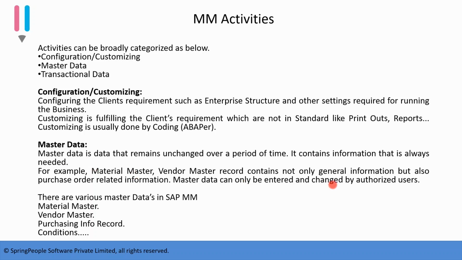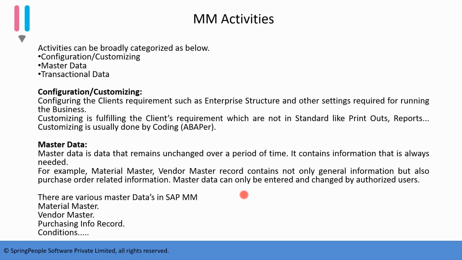Now, let us say we want to buy a laptop. Based on the specification, we will buy that laptop. If there is no laptop defined, then what will we buy? We don't know what to buy. And if you want to store something, you need to have a master data. That means there is some unique identification.